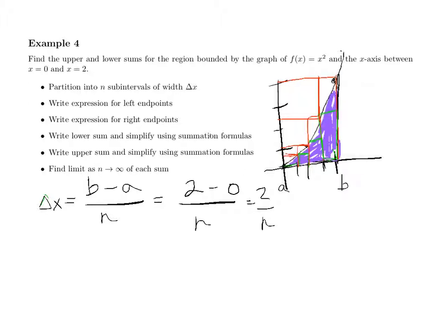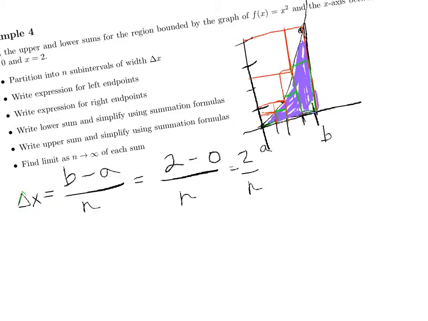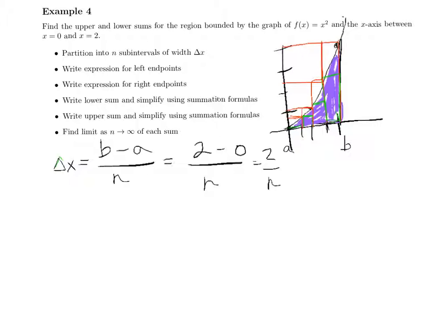All right, now let's come up with expressions for our left and right endpoints. Always our left endpoint, if we start at 0, is our delta x times i minus 1. If you don't start at 0, it has to shift a little bit, but when we start at 0, it's delta x times i minus 1.